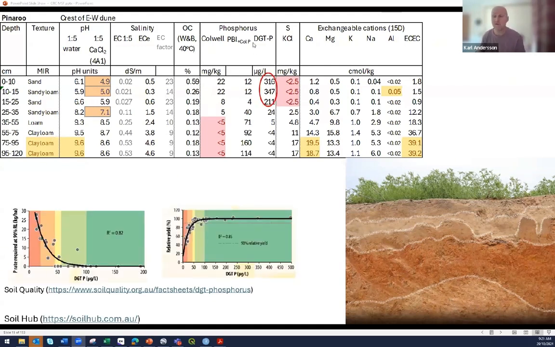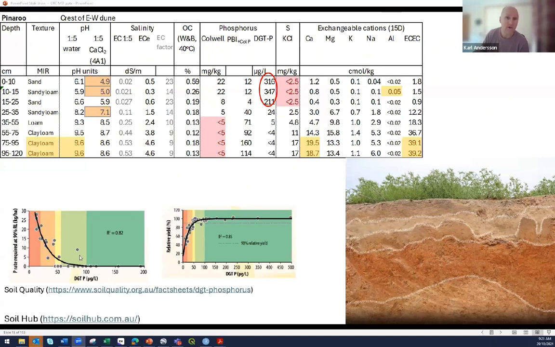And the P here, we've got a few different P measurements, and I'll assume that people have got some knowledge of the different P tests. Colwell does one measure of an alkaline soil. This other one, the DGT, is really developed for these alkaline soils where it gets a bit of a slow release form. And here, these levels are really high. And we've got some benchmarks. You can go to a soil quality org or different sources.